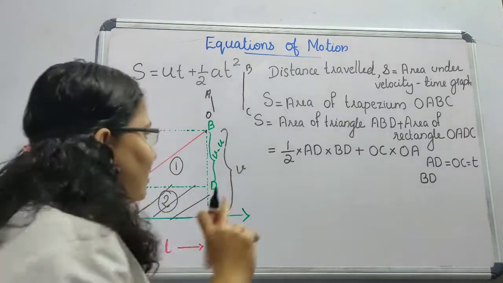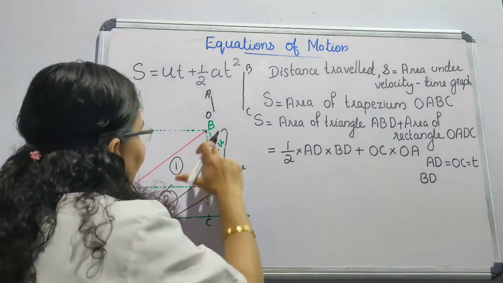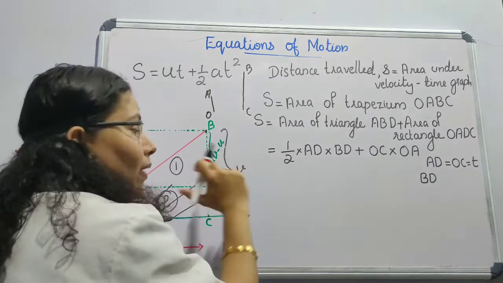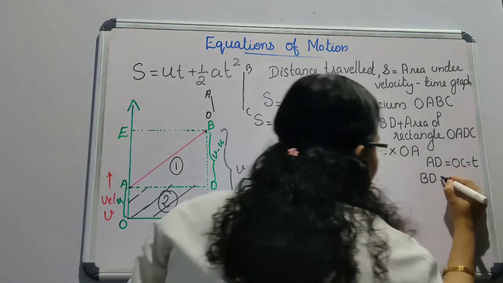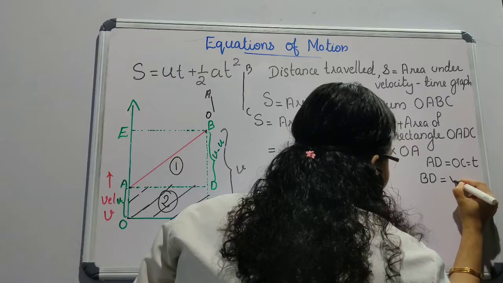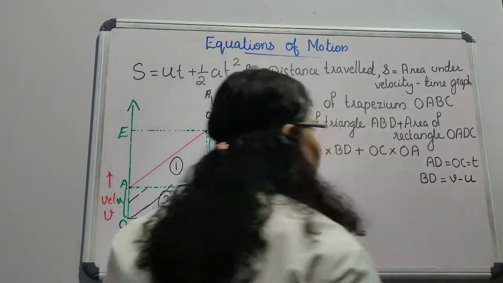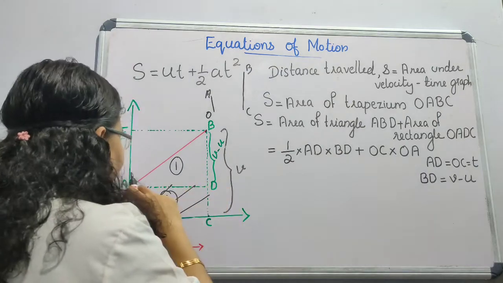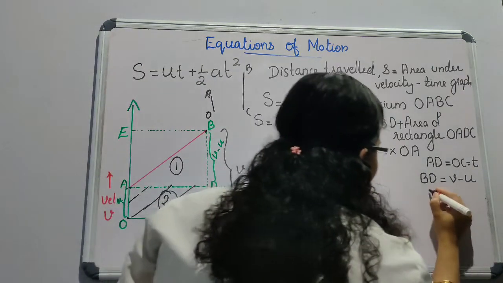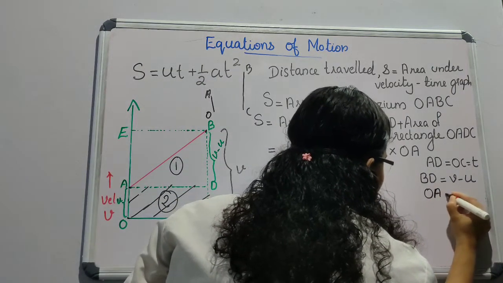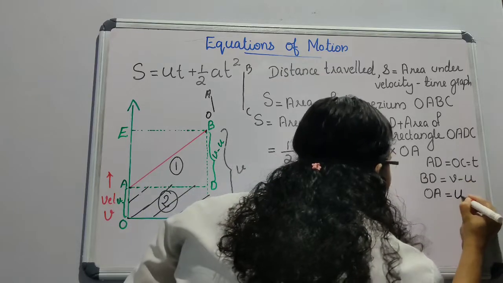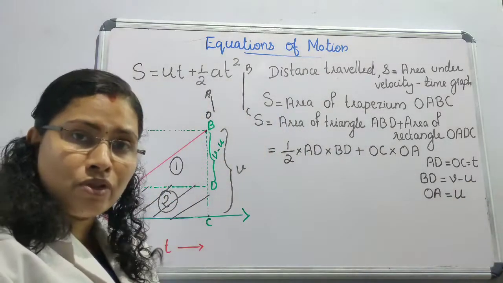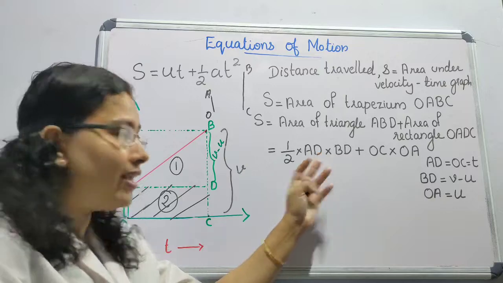Do you remember that? So BD is equal to V minus U. And OA here is equal to U.